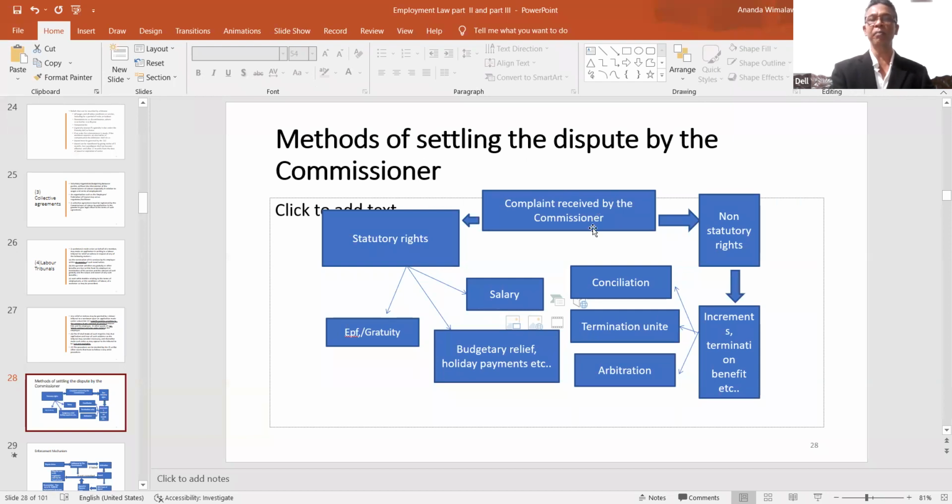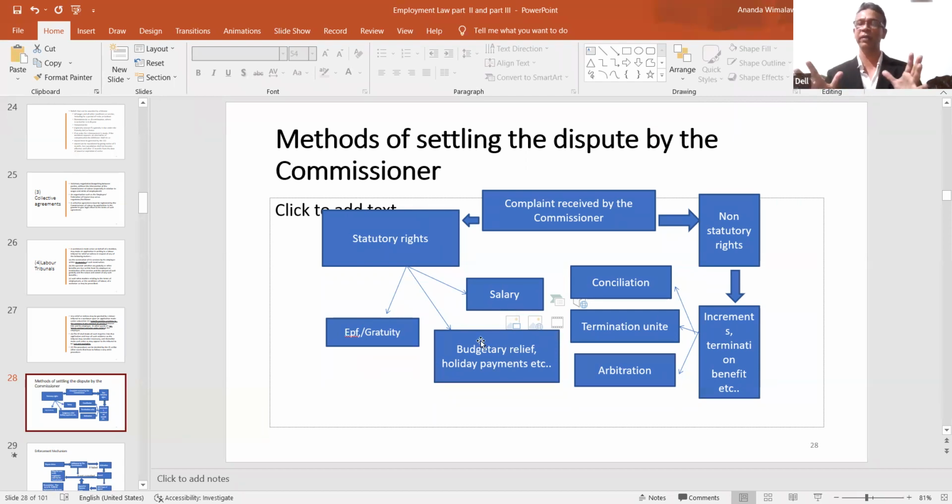One is complaint in relation to statutory rights. For example, salary has not been paid, EPF or gratuity has not been paid, budgetary relief and holiday payments have not been paid. These are not actually disputes. Sometimes we call this a violation of statutory rights.